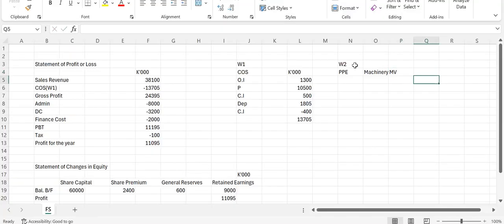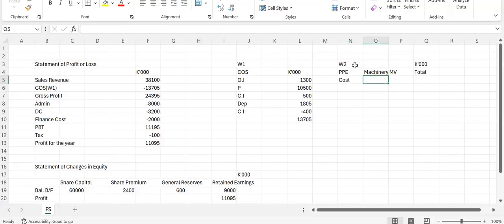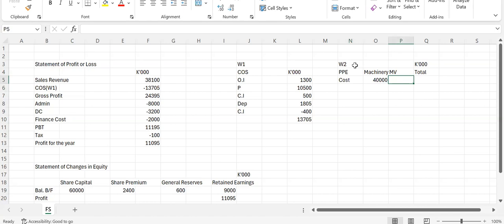And then we do that again, this working in K000, and here we had the total of it, right? So the first thing first, we need the cost of both. So the cost of the machinery is 40,000 and the motor vehicles are for 30,000.